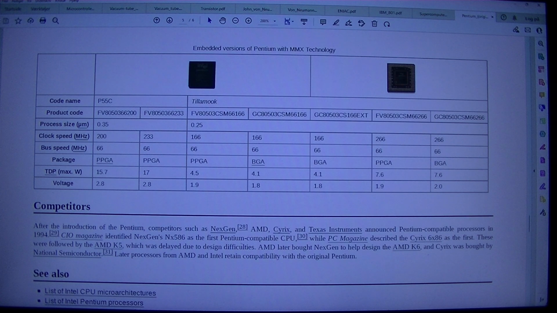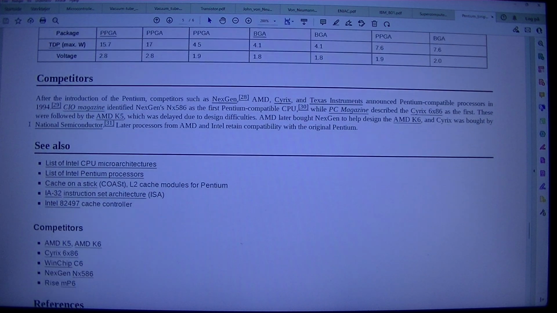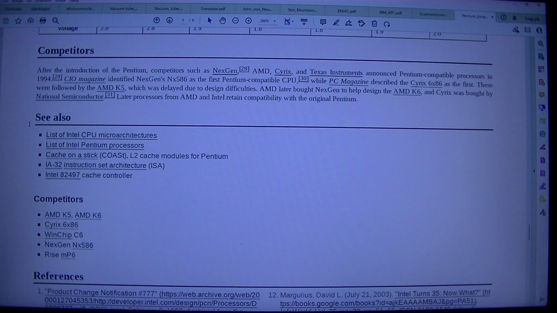Competitors. After the introduction of the Pentium, competitors such as NexGen, AMD, Cyrix, and Texas Instruments announced Pentium-compatible processors in 1994. CIO magazine identified NexGen's NX586 as the first Pentium-compatible CPU, while PC Magazine described the Cyrix 6x86 as the first.